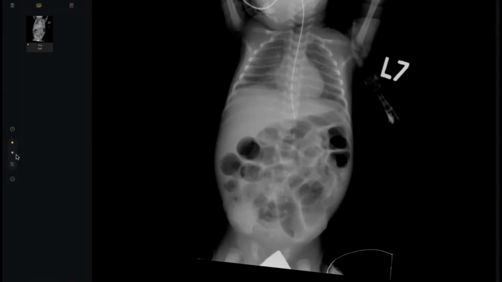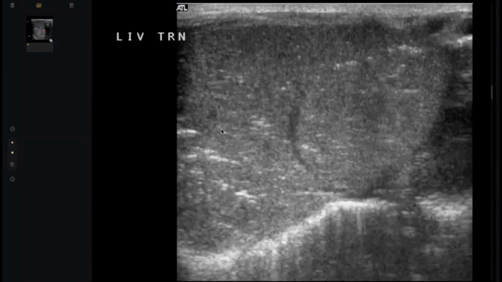What is the critical sign in pneumatosis intestinalis, necrotizing enterocolitis? What is the most critical?